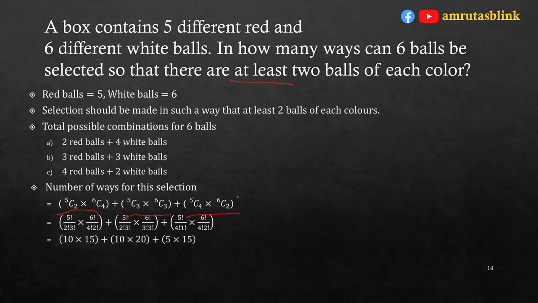Now after simplification we get 10 into 15 plus 10 into 20 plus 5 into 15, that is 150 plus 200 plus 75, totaling up to 425. So there are 425 ways in which we can select 6 balls so that there will be at least 2 balls of each color.